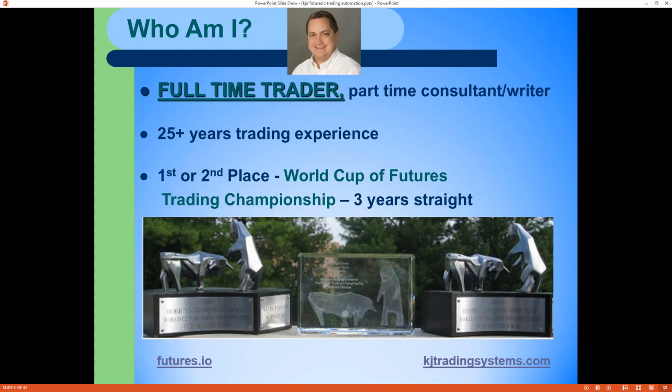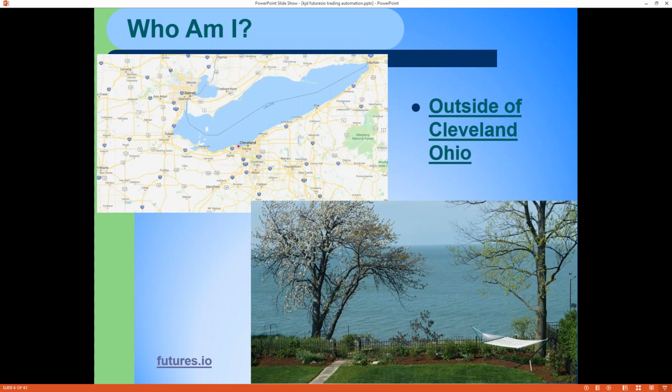I'm coming to you today from Cleveland, Ohio. It's the red dot on the map to the left, and about an hour ago or so, this was the view out my window, and you can see there's a cherry tree, which is right on the edge of Lake Erie. It's going to fall in soon, but it's starting to blossom.